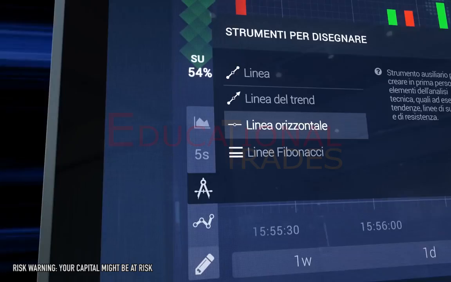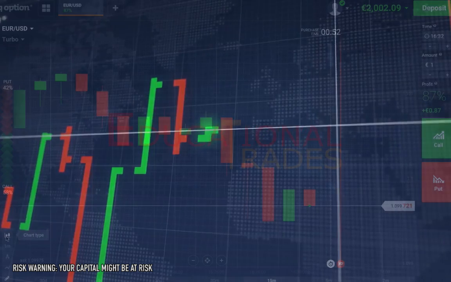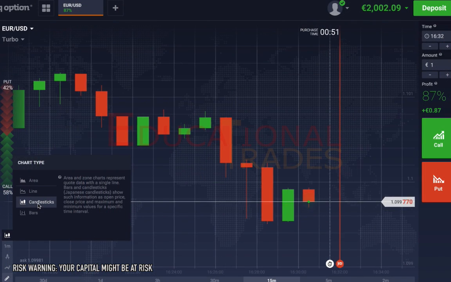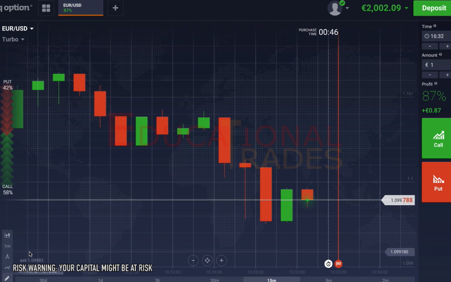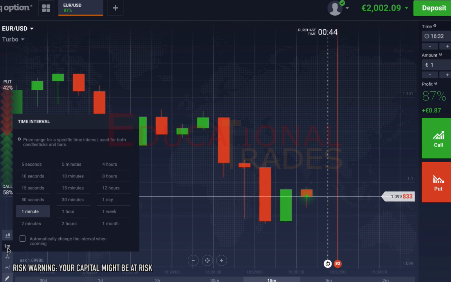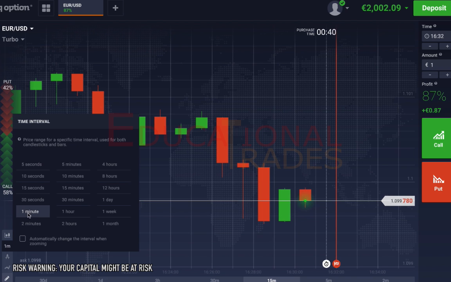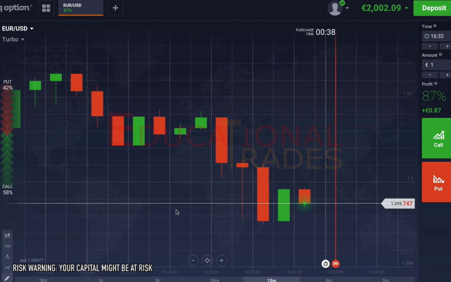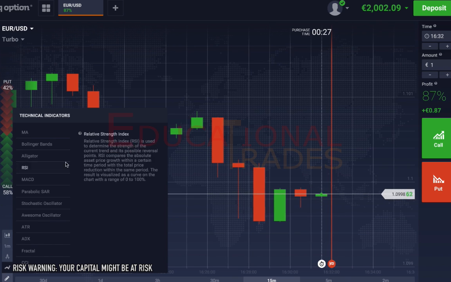We start from EUR/USD. First of all, set the chart with 1-minute candlesticks. Well, now we must add a Bollinger Band, with a period set on 9.